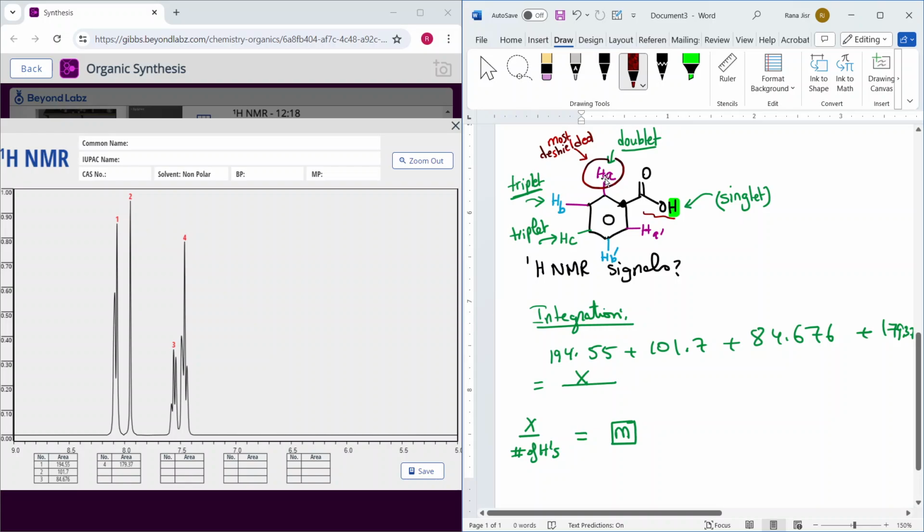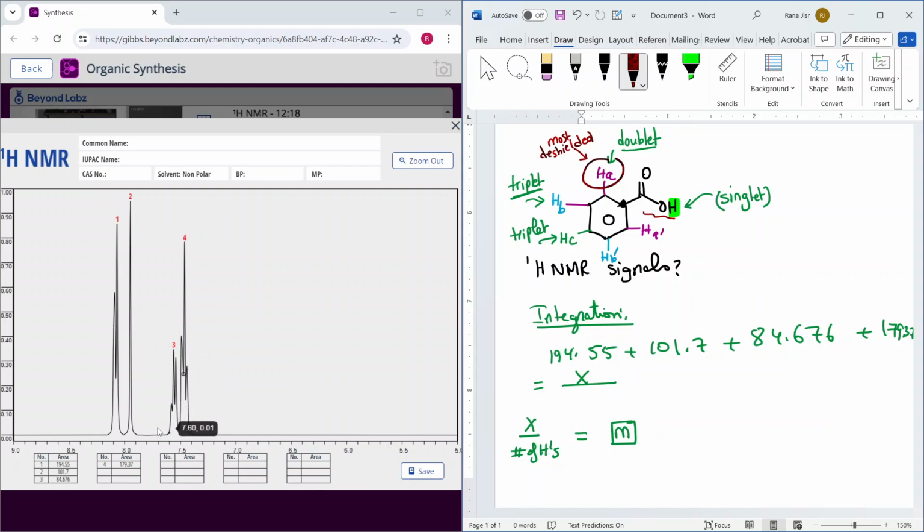So I am expecting HA to be the last one. This one is the doublet, and the doublet is all the way downfield in there. And then I am expecting the hydrogen of the acid to be over here. So these two are pushed further downfield because they are de-shielded.